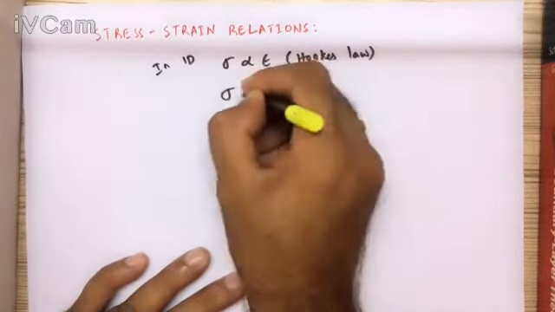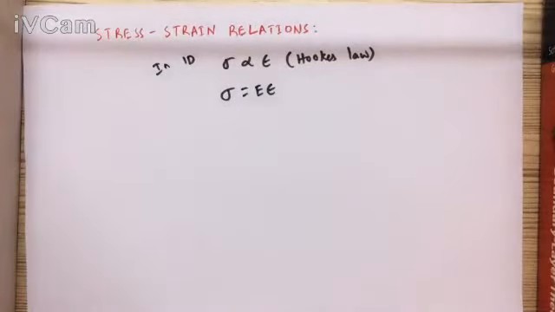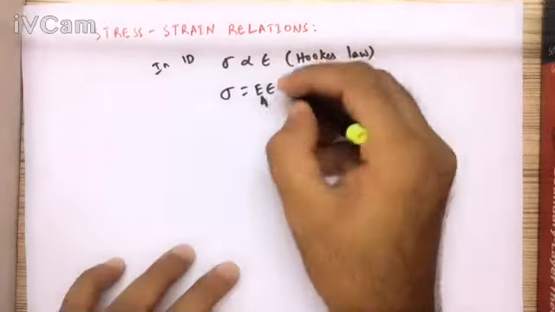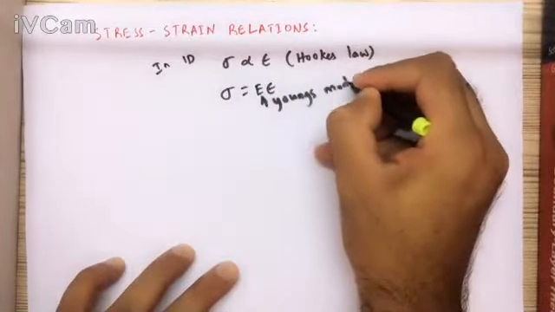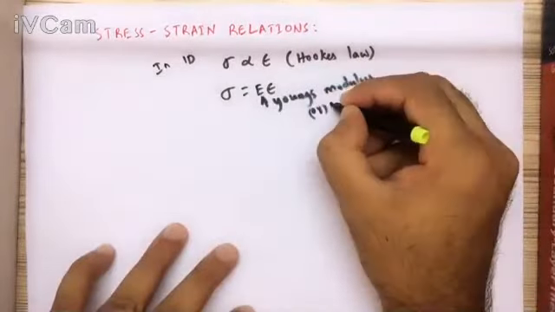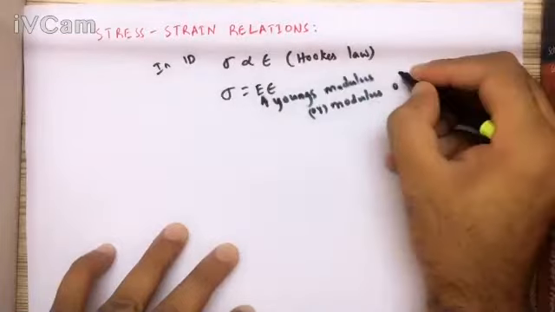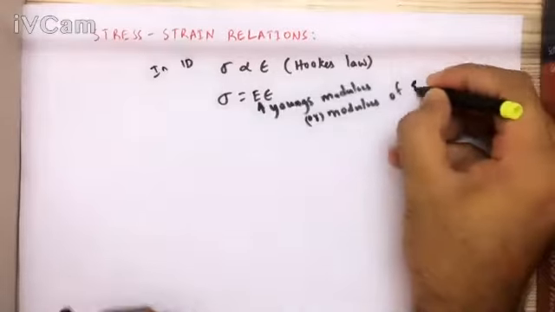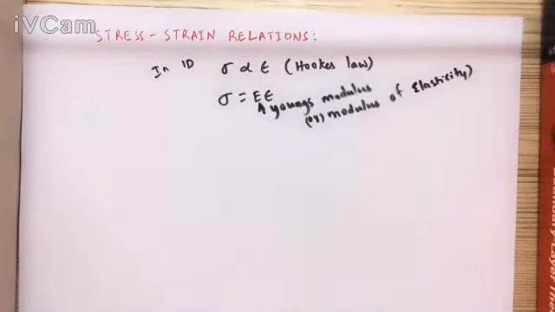So sigma is equal to E into epsilon, and we all know that this E is nothing but Young's modulus, or we also call it modulus of elasticity, right?